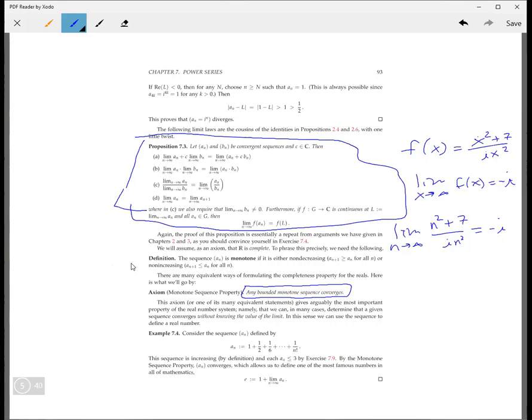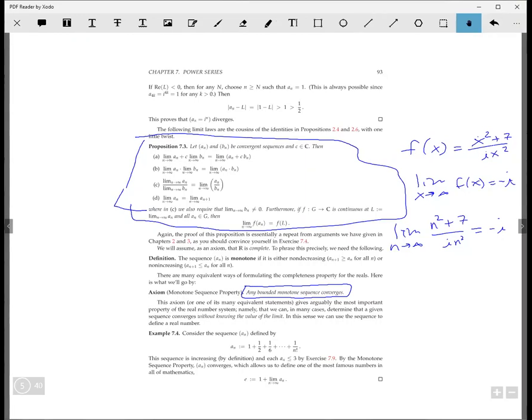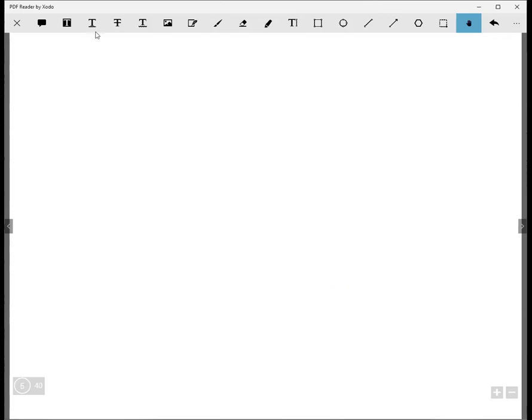Now, there is an important concept that I couldn't find where the book covers it. I don't think the book covered it that much. Maybe it does.